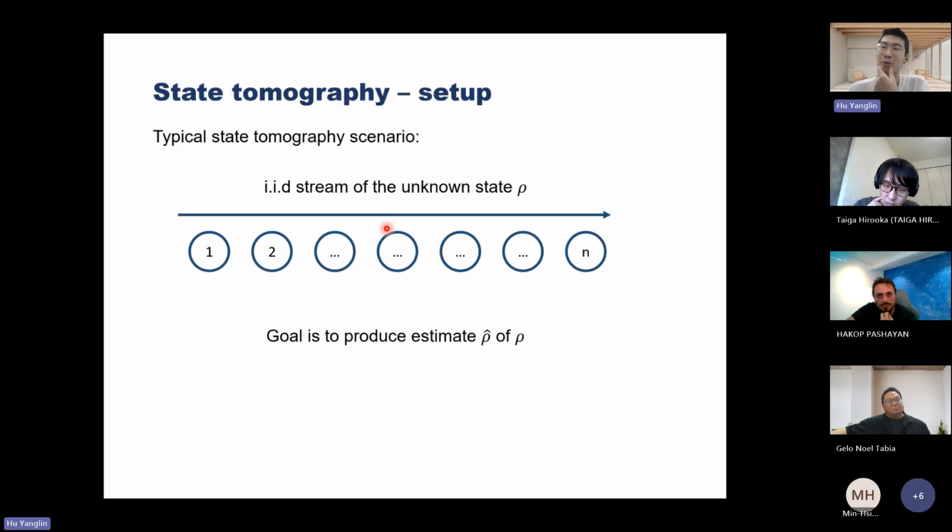If you don't look at it in a streaming way, and you look at the unitary you applied on all the copies as a whole, then from that sense, it might not break that much.